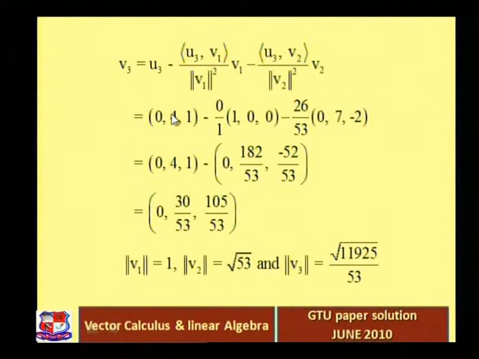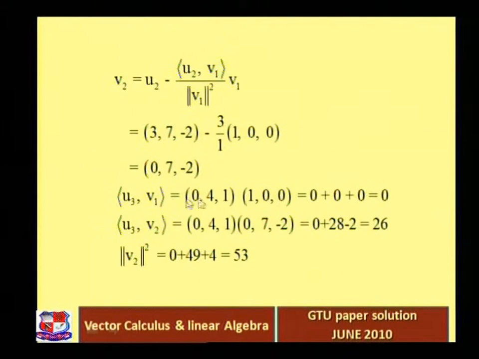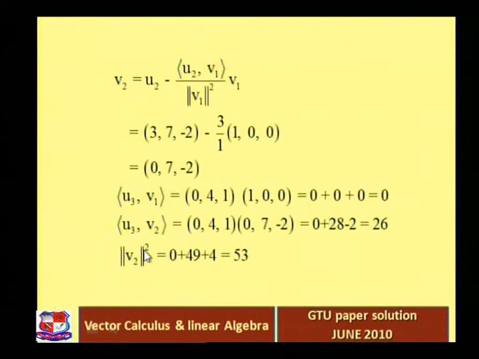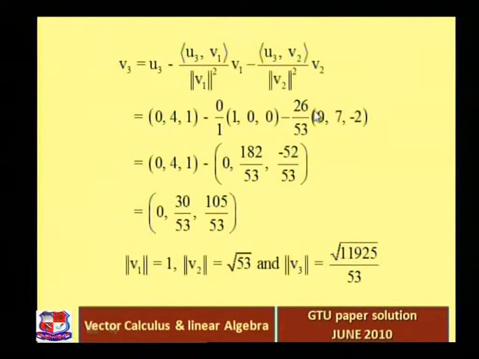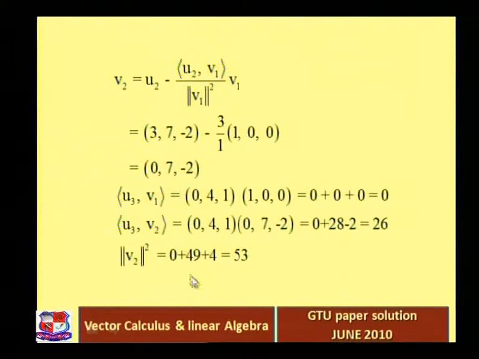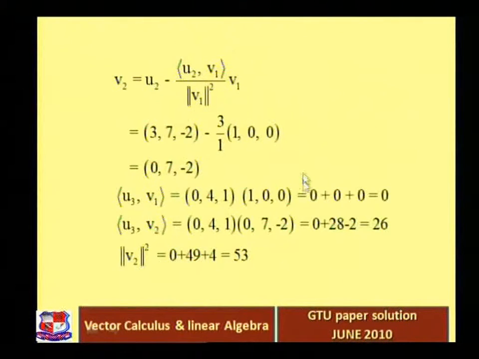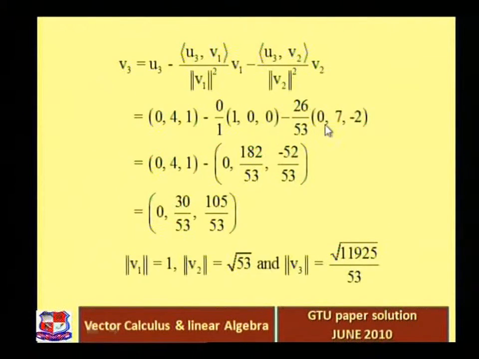So u3 is 0 4 1 minus u3 v1, that is 0 upon 1 into v1, that is 1 0 0, minus inner product u3 v2, that is 26 upon norm v2 square, that is 53, into v2, that is 0 7 minus 2, right.